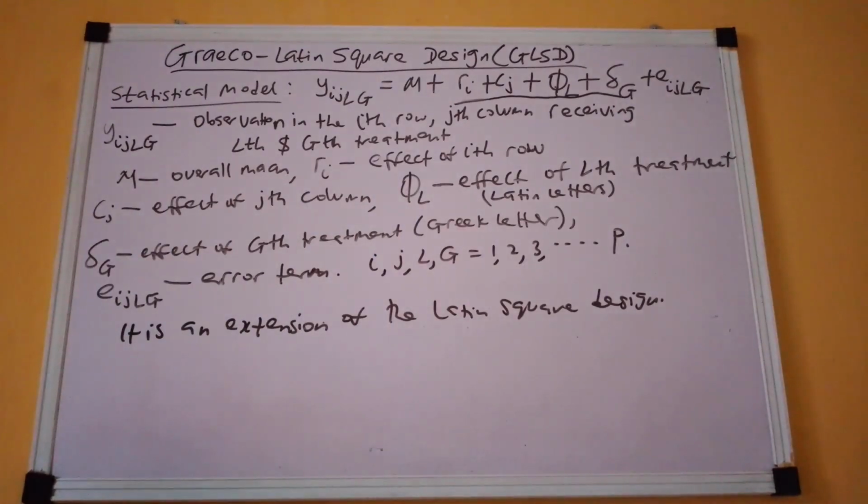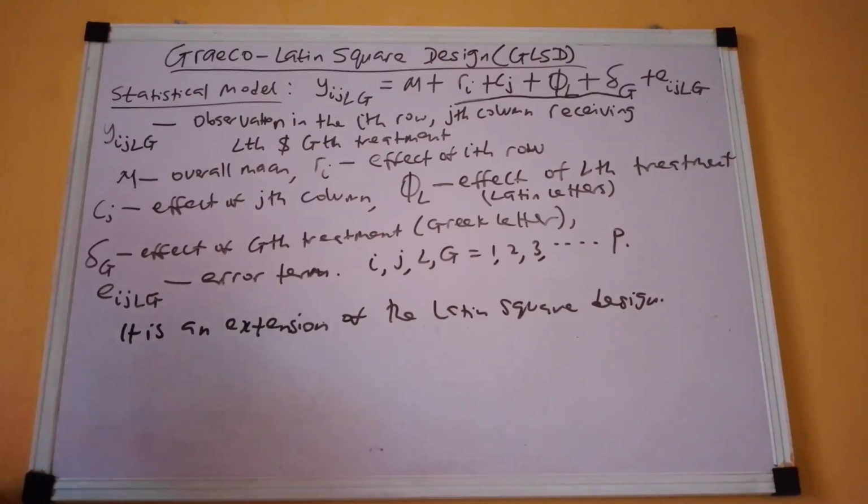So the Greco-Latin square has to do with grouping or classification of units having the same number of levels as treatment, rows, and columns. And these are inserted in the Latin square design to form the Greco-Latin square design.